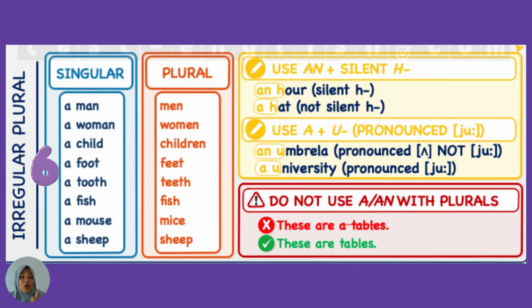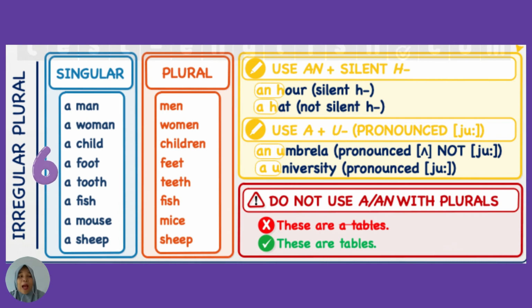A foot, only one foot. If there are two, it changes become feet. Fish. Fish is the example of the noun when singular and plural are same.